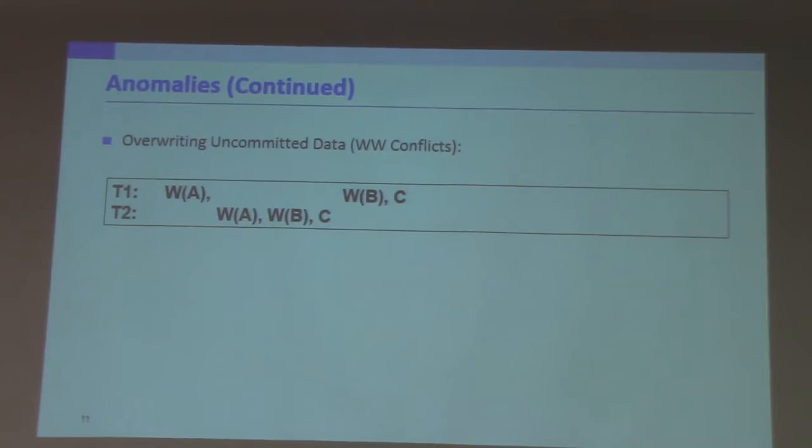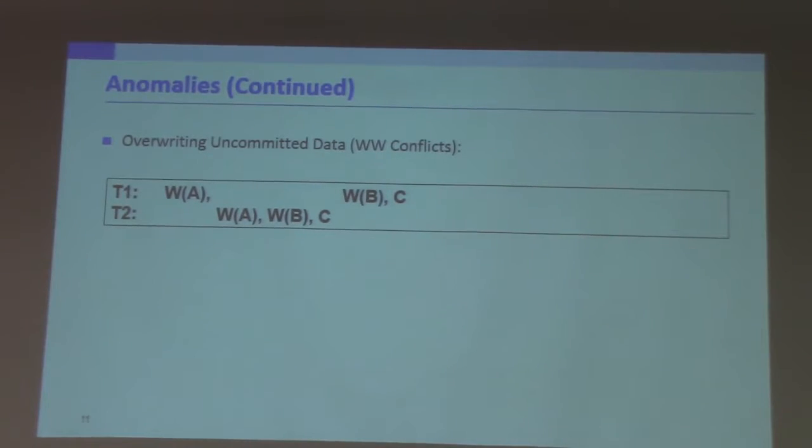It's determined by T1. But if you allow WW conflict to exist, what happens? Well, it's potential that the value of A is determined by T2, the value of B is determined by T1. So by definition, it is not a serializable schedule. It's really subtle, but if you think through, you see why WW conflict is not okay.